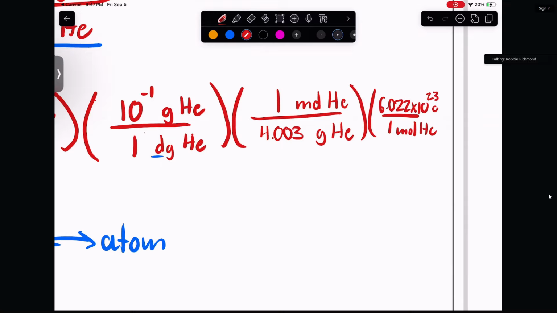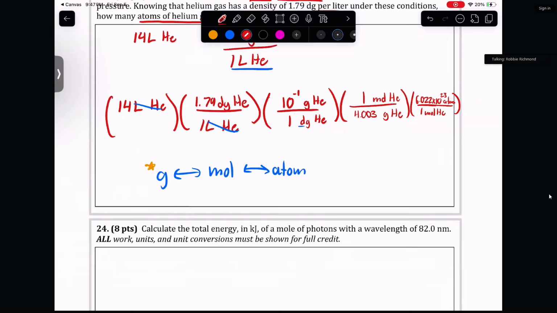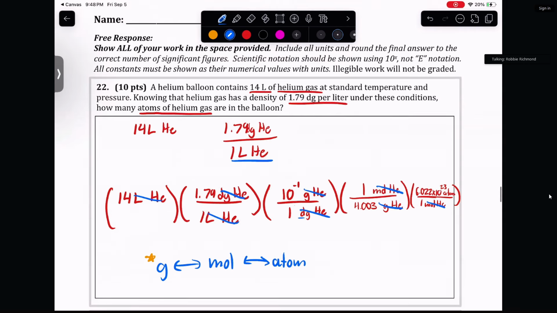In this case, atoms. Ooh, running out of space here. Cool. So now we have all that done. Let's just double check our dimensional analysis and see if all of the units cancel out. So I already did that with helium, decigrams cancel out, grams cancel out, moles cancel out, and we're left with atoms. Is that what the question is asking?